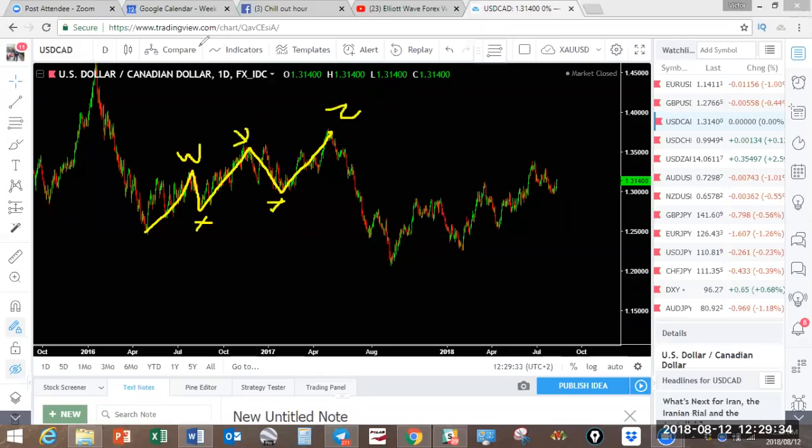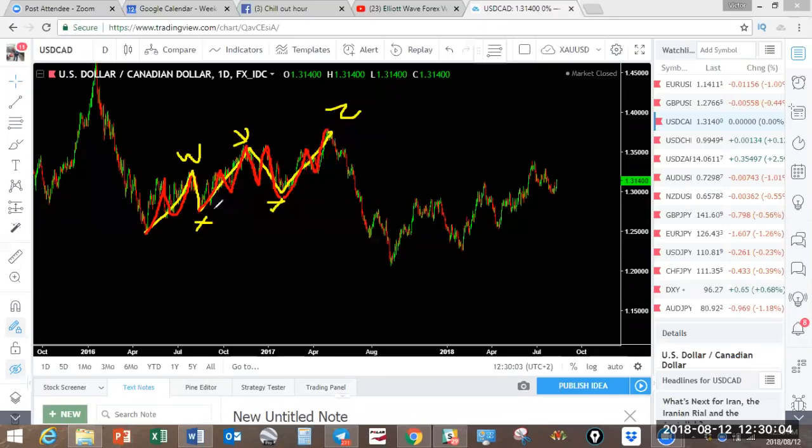Okay, so you can see here in the lower degree you have 1, 2, 3 waves. You can't see them all here because the annotation is a little bit cluttered, but all around here you're seeing only 3-wave moves, all the way up to a Z. And at the Z you know that you get an almost guaranteed trade to the downside because you don't get anything more than a triple correction.